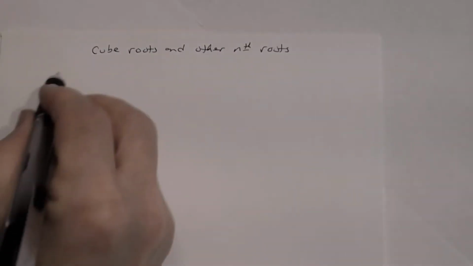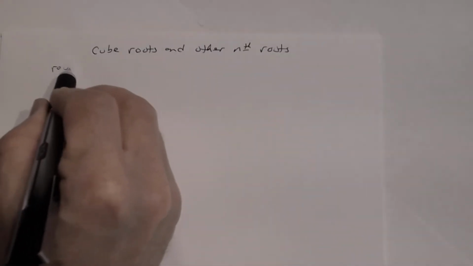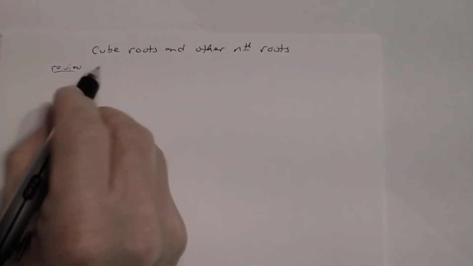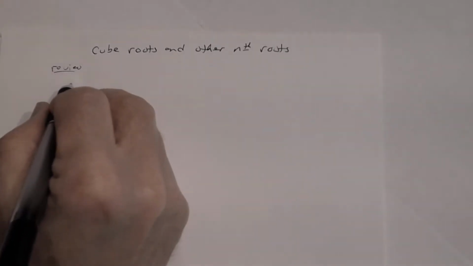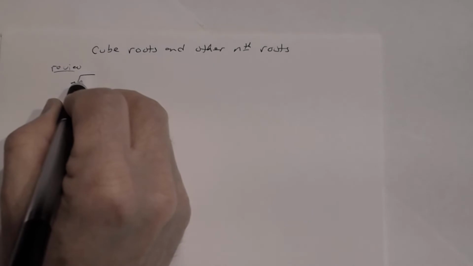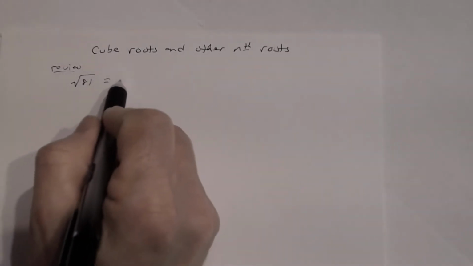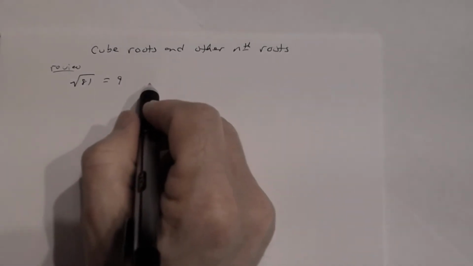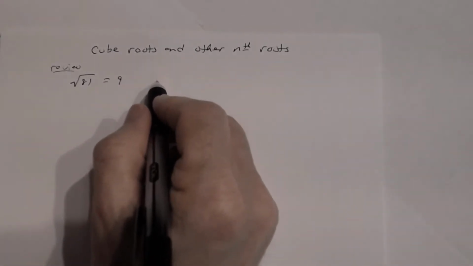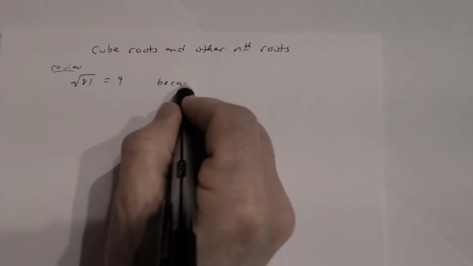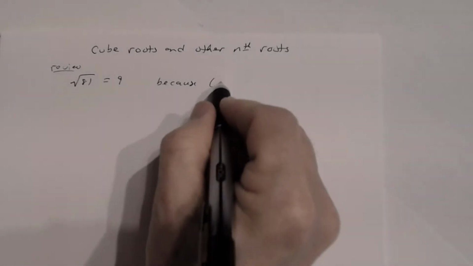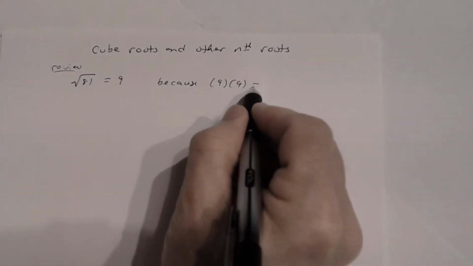So remember in the previous lesson, just a quick review because this idea is going to be needed here. We really looked at the square root of, let's say, 81. So remember we said the square root of 81 was equal to 9. And the reason we thought that was because when we said this, we said 9 times 9 is equal to 81.